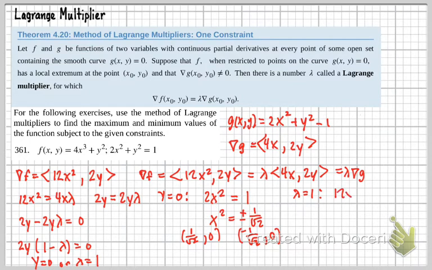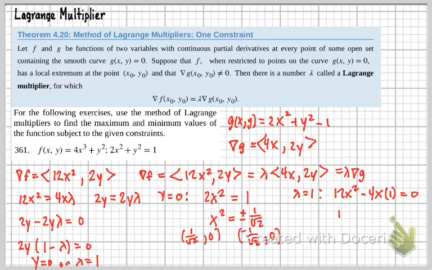Okay, so anyways, now what we're going to do is plug that in there. So that's going to be 12x squared minus 4x, and then lambda's 1, so equals 0.